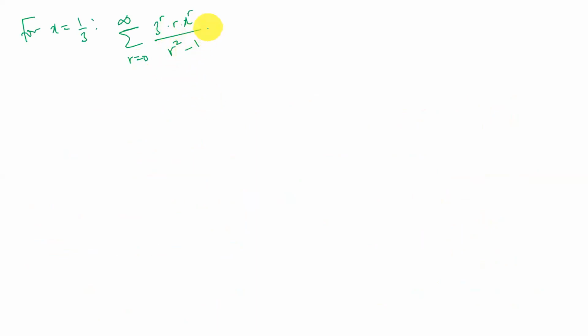So this is exactly the same as the sum from r equals 0 to infinity of 3 to the power r times x to the power r divided by r squared minus 1, and here in the place of x is 1/3. So you put 1/3 there.